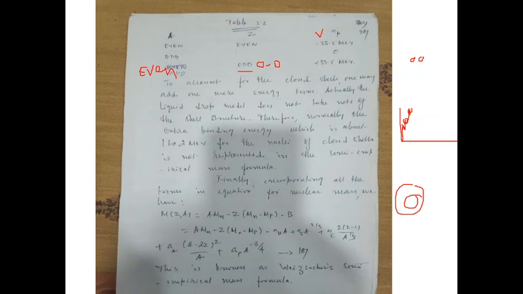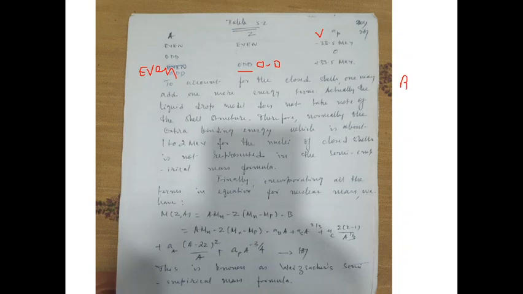Okay. So finally, dear students, we have discussed five terms. I'll just put them here in front of you. Four you have already studied in the previous lecture. This is the fifth term, the pairing energy term.